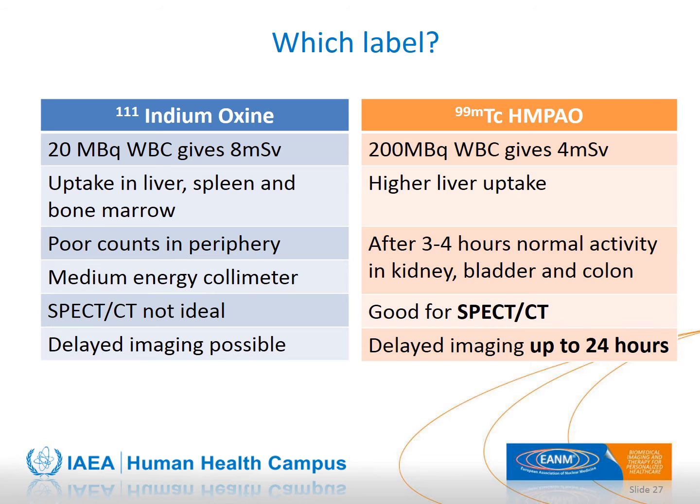Hence, SPECT-CT is often performed with HMPAO imaging. Delayed imaging is possible up to 24 hours with HMPAO, and in fact, this is something that should be more routinely performed rather than completing imaging at 4 hours.